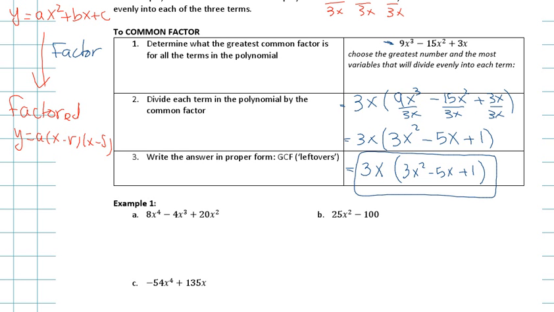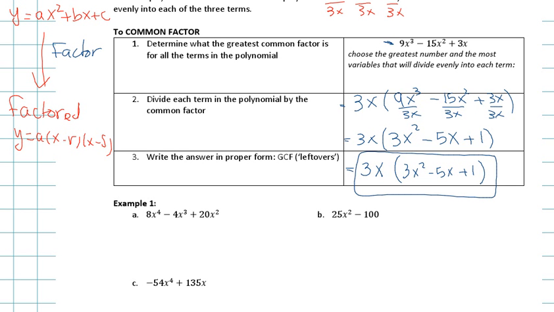Because if it's 6, can you divide 3 by 6 and get a whole number? No, because 3 over 6 is a half. So you can't divide by 6. Your common factor can't be greater than your smallest number. It can be less, but it can't be greater.